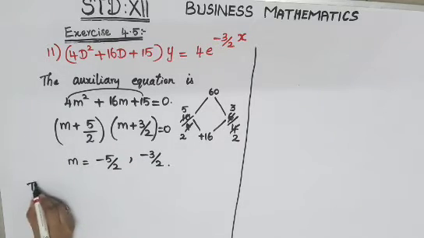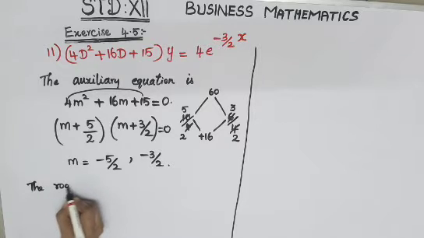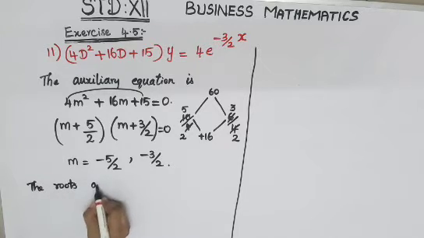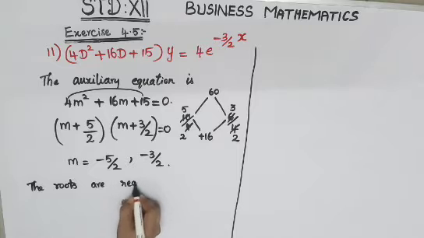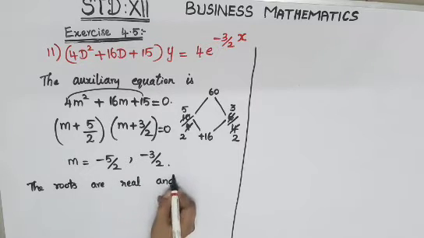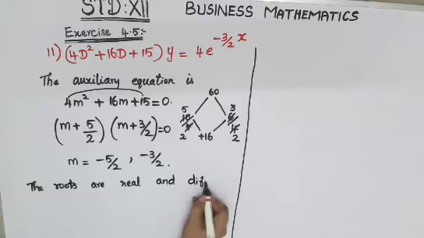Therefore the roots are real and both the values are different, so you can declare them as real and different.